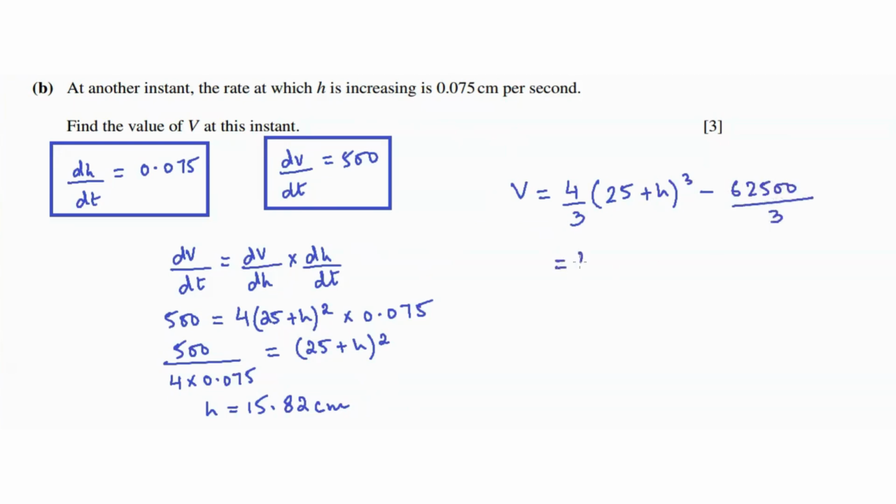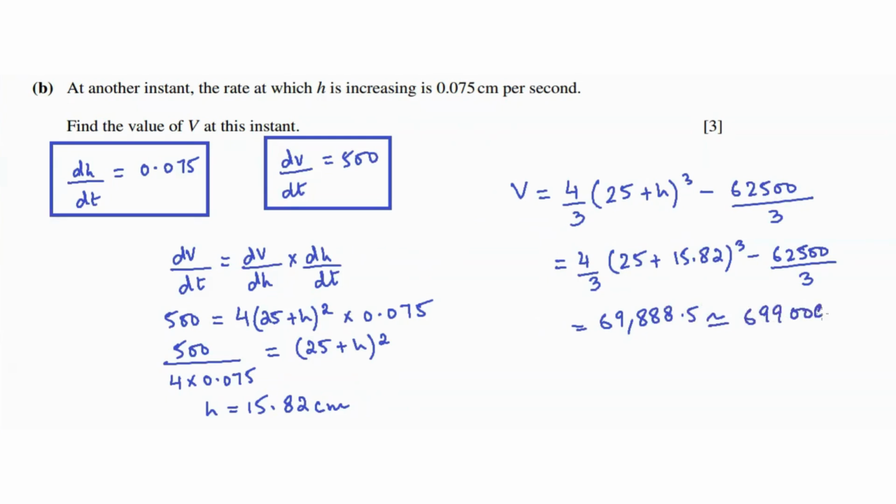We substitute the value of H in this expression and see what answer we get. When you plug this entire thing into the calculator, you would get 69,888.5, which approximately equals 9,900 cm³. That would be your answer.